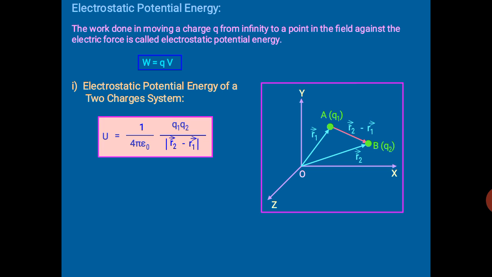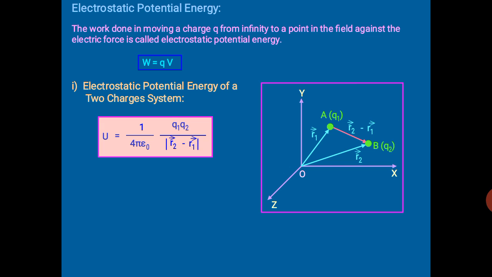So now the potential energy of this system is 1 upon 4 pi epsilon naught, Q1 Q2 divided by AB. AB is the magnitude of R2 minus R1.